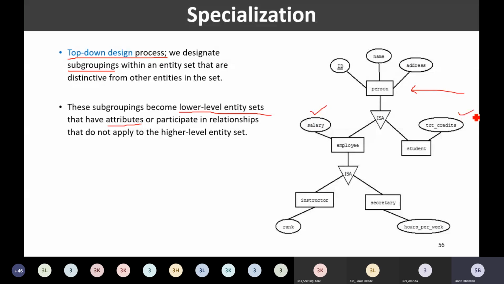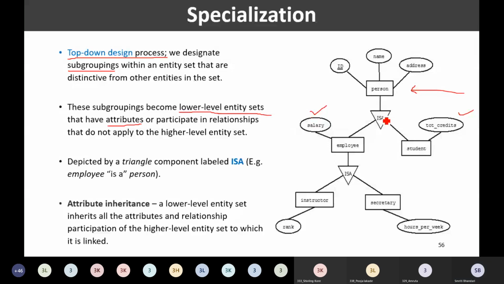The student has the additional attribute, that is total credits. So the lower level entity sets have their own attributes, describing additional properties or characteristics.